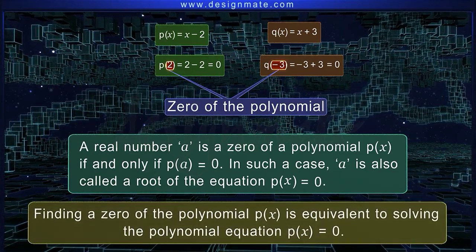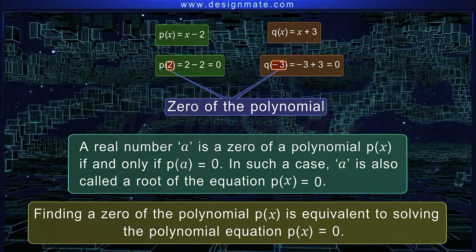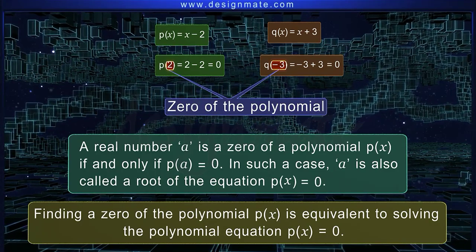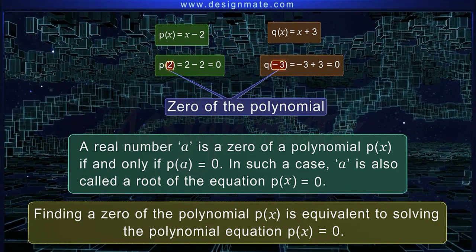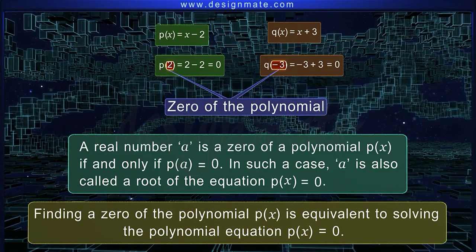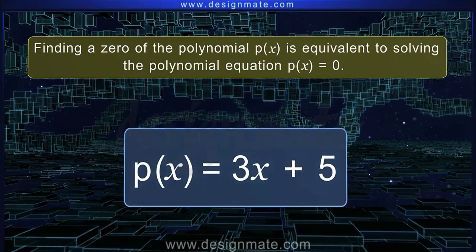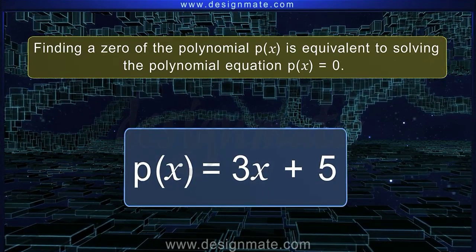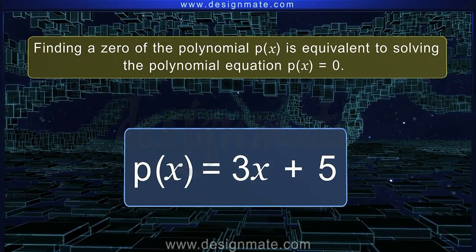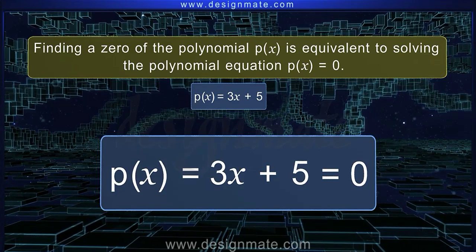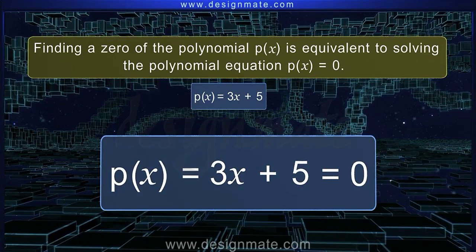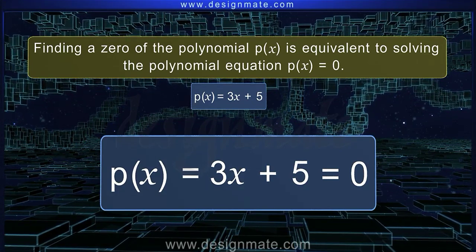That is, finding a zero of the polynomial p(x) is equivalent to solving the polynomial equation p(x) = 0. Consider the linear polynomial p(x) = 3x + 5 and equate it to 0.